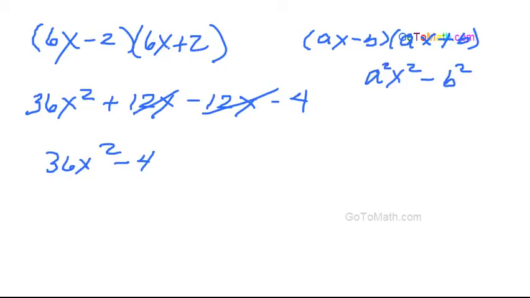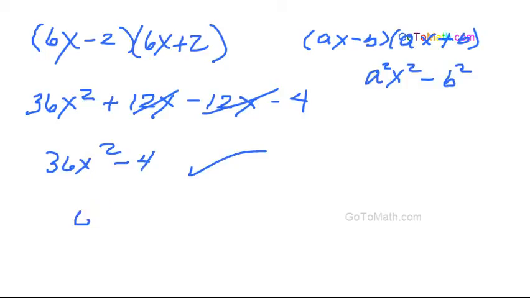And then, of course, this is b, and you end up getting minus b squared, or 2 squared is 4. Okay? So you want to be able to go from here to here real fast without having to do all this stuff. Okay? Got it? 36x squared minus 4.